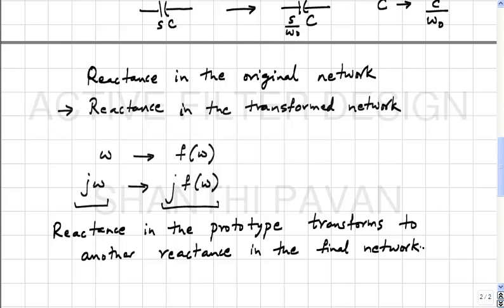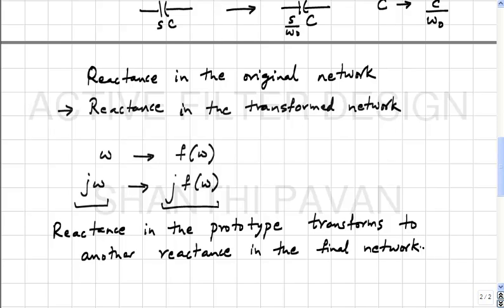Now if you replace omega with f of omega, all that is happening is that instead of an inductor you are supposed to have an element whose reactance as a function of frequency goes not as j omega but as j f of omega.